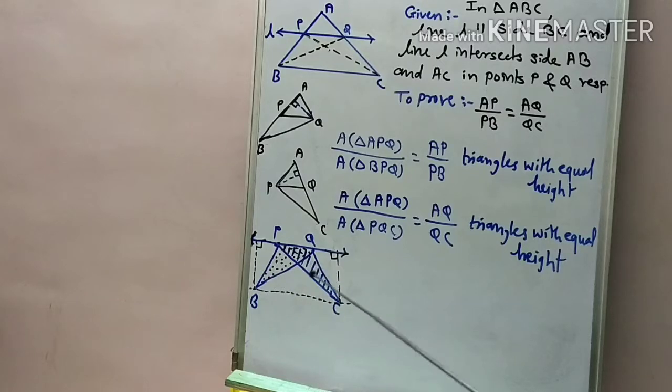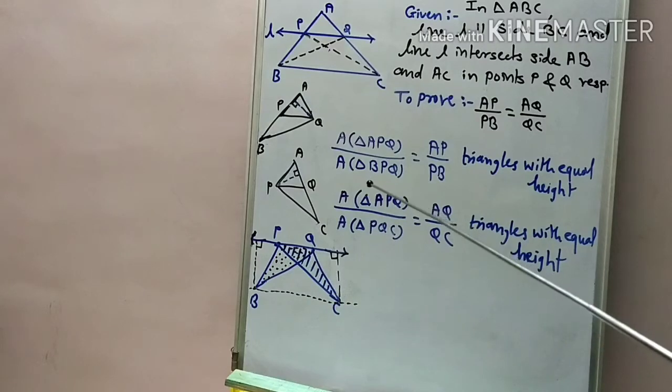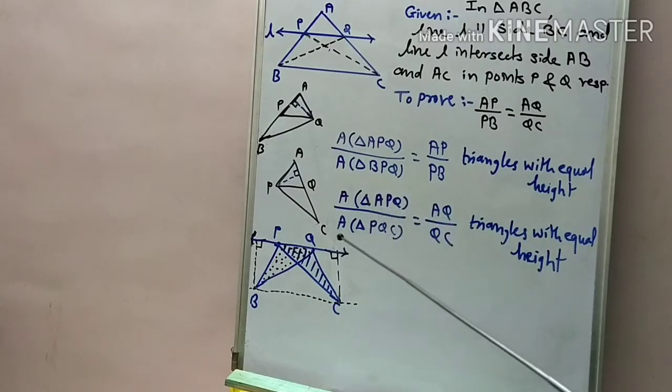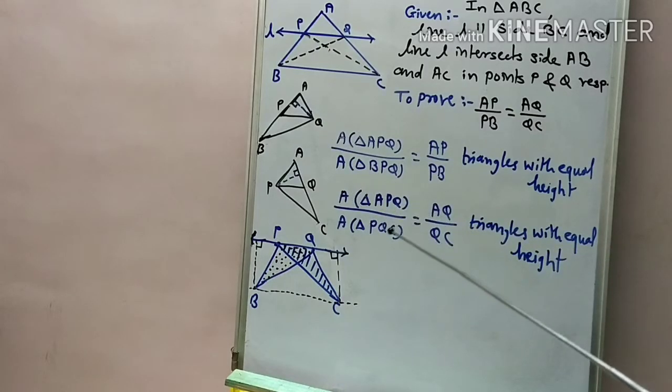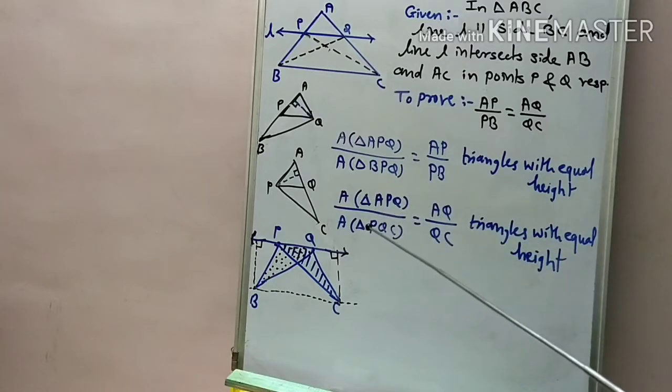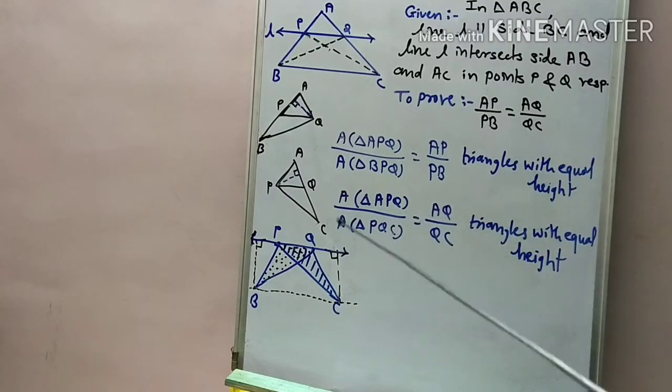Hence these two triangles have equal base and equal height, so the ratio of the areas of these two triangles is equal to what? 1:1. And as we cross multiply, we get these denominator triangles with equal area. So the numerator is the same, the denominator is the same, which means the ratio is the same, and if the ratio of the left hand side part is the same, the right hand side part is also the same or equal. This is the way we solve this theorem.